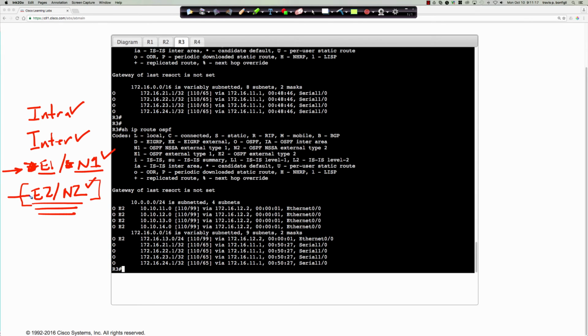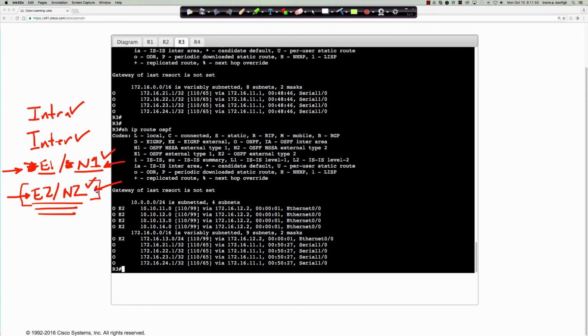And it makes sense if you think about it, because this is cold potato right here. We're not taking into account any of the internal costs associated with the redistribution in either case here. But here we are. So these E1, N1 would be considered more trustworthy or more reliable because they've got additional, more granular metrics, because they are taking into account the cost of the internal networks.